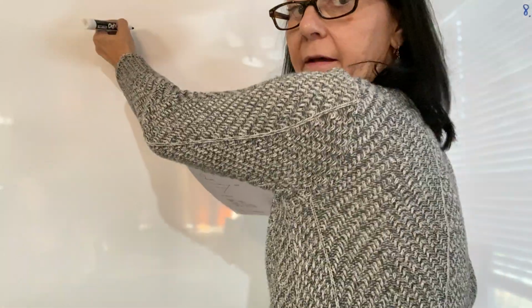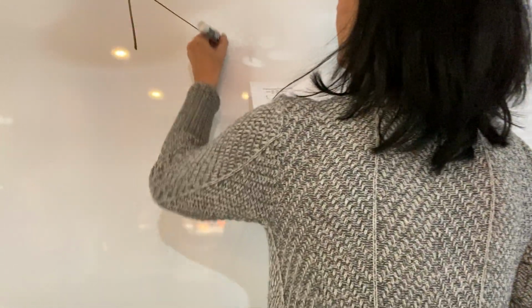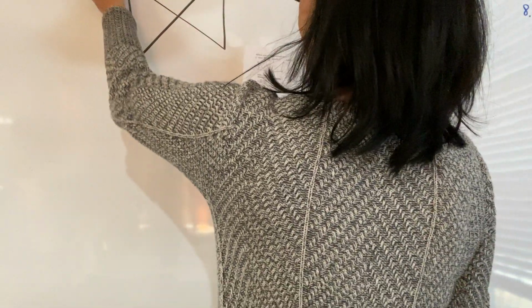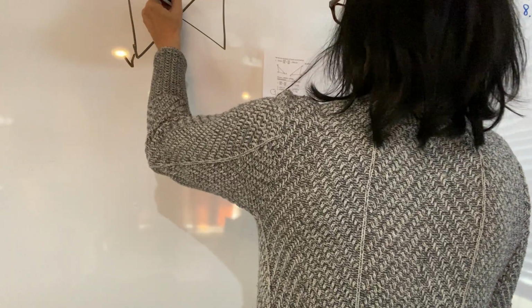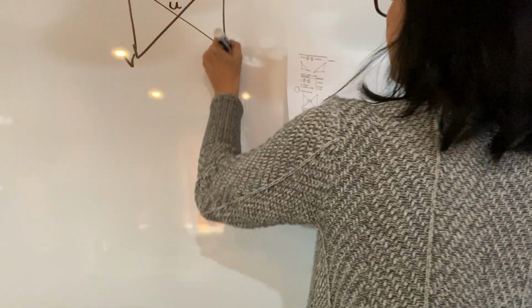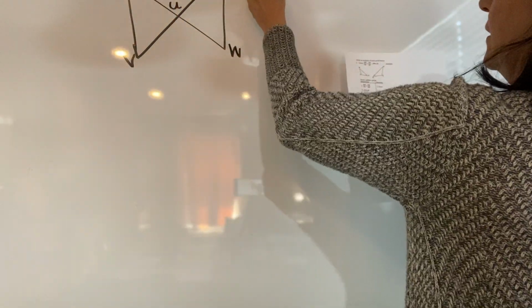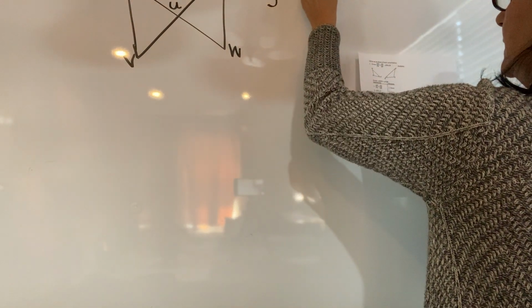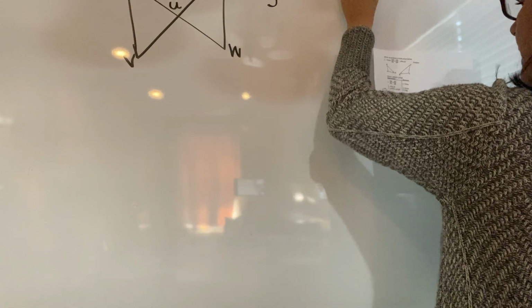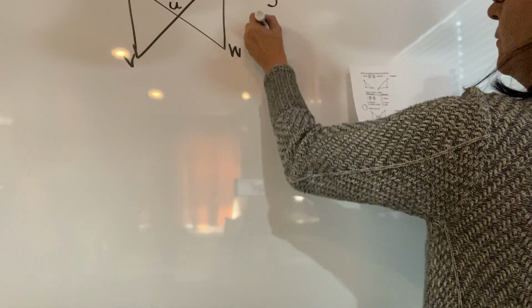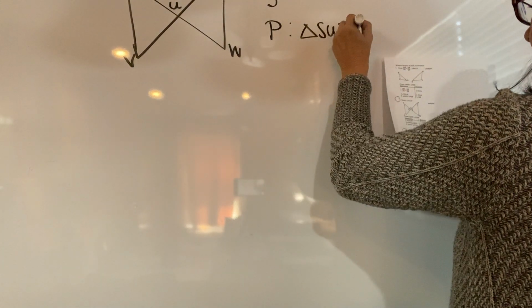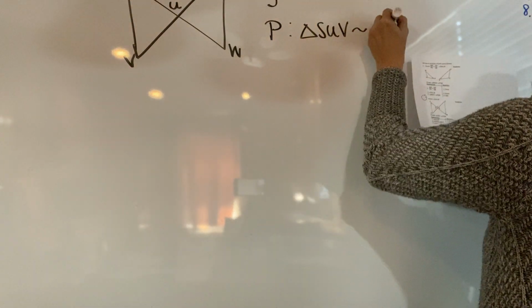Okay, I want to do one more proof. All right, so I have two triangles, right? S, T, U, V, W. It is given angle S is congruent to angle W. We want to prove that triangle SUV is similar to triangle TUW.